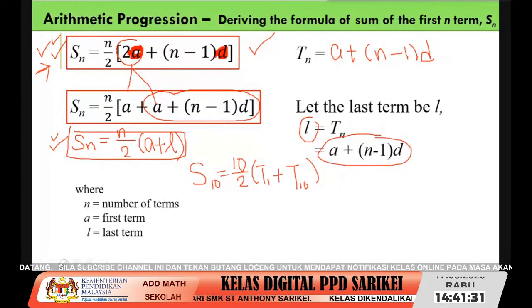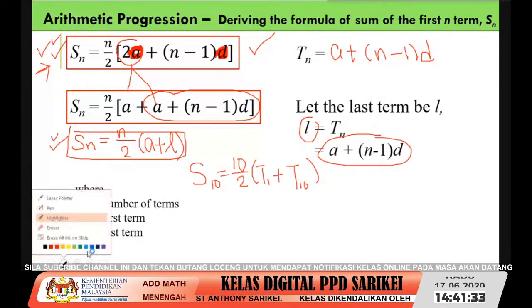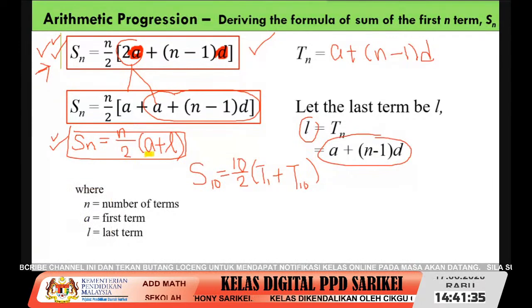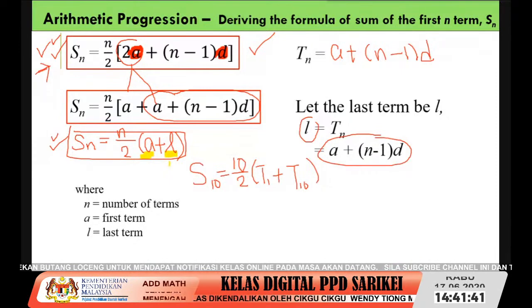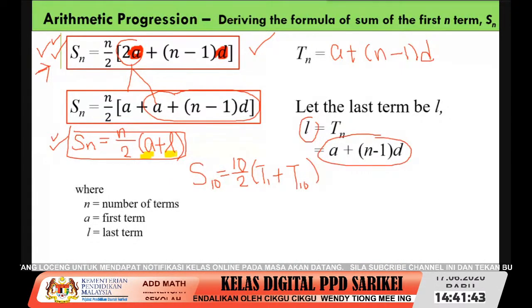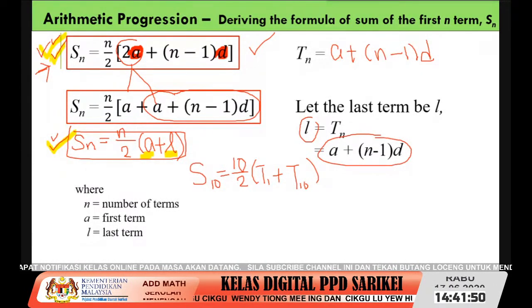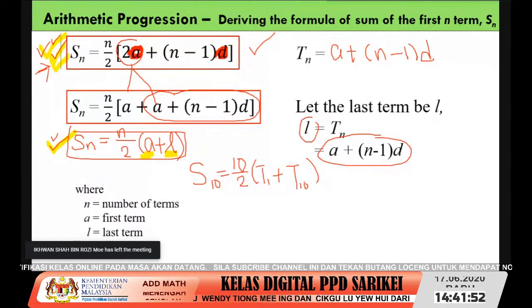Ini ya, dia mesti ada syarat. Apa syarat dia? Syarat dia mesti tahu nilai sebutan pertama dan sebutan yang terakhir. Kalau sebutan pertama dan sebutan yang terakhir diberi, ini menjimatkan masa. Tapi ini kebanyakan soalan boleh guna formula ini.